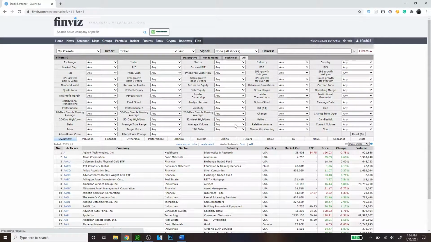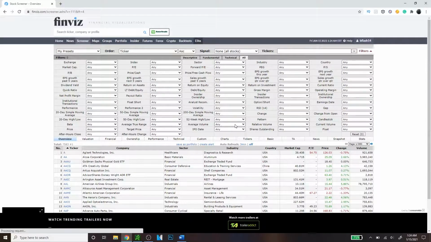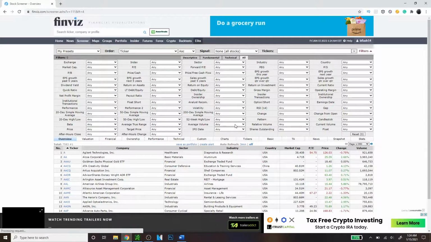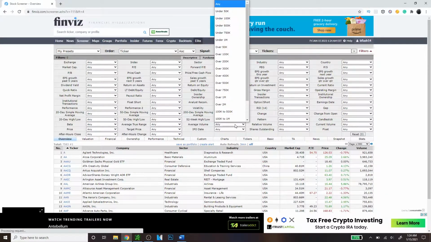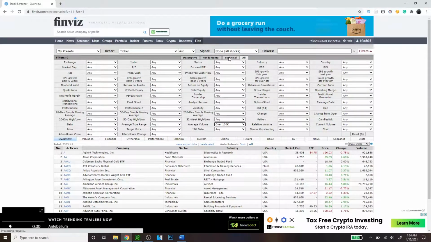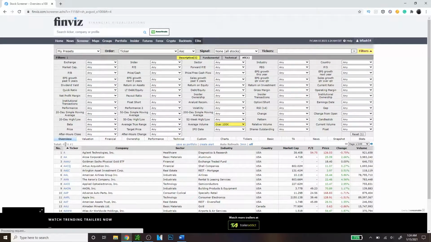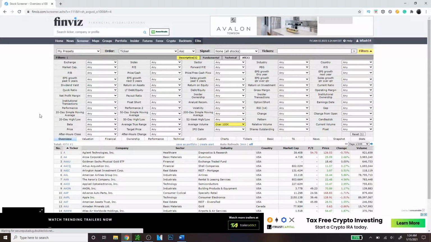The first thing I want to go for is average volume. Average volume is how many people are buying and selling the stock on average per day. Right now, I don't want anything under 100K. The reason why is that sometimes under 100K is hard to get out of, and automatically this knocks $3,000 options out of the way.